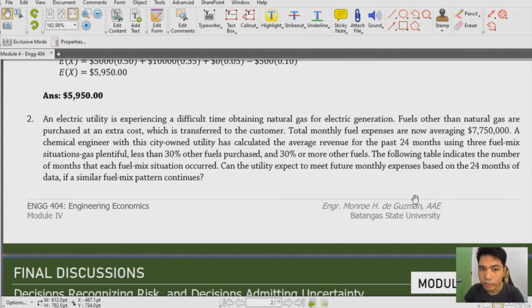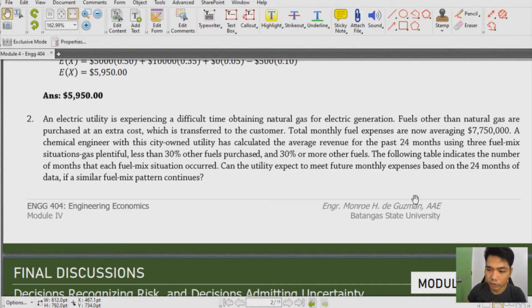A chemical engineer with the city-owned utility has calculated the average revenue for the past 24 months using 3 fuel mix situations: gas plentiful, less than 30% other fuel purchase, and 30% or more other fuels. The following table indicates the number of months that each fuel mix situation occurred.